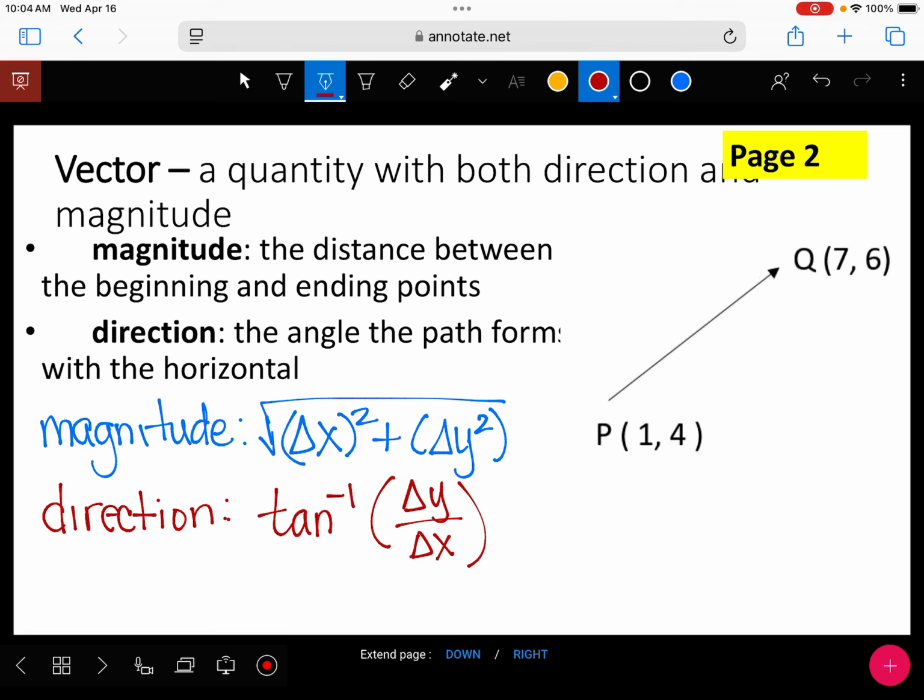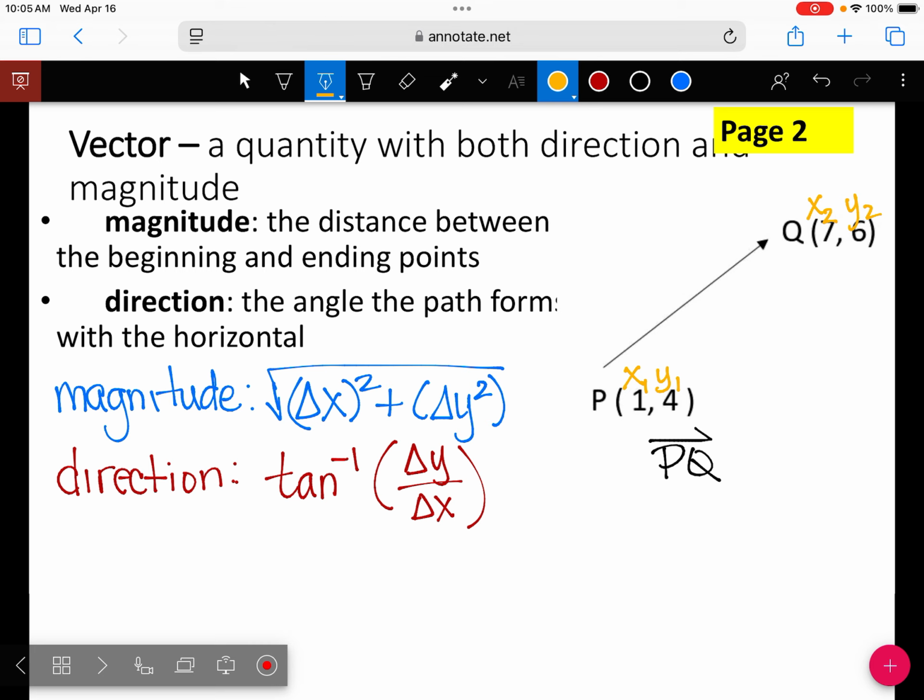So let's look at this first example here. We have vector PQ, and in order to notate that, the symbol for vector looks like half of an arrow. We're going to figure out the magnitude and the direction of this vector. So I'm starting at P, which I'm going to label X1 and Y1, and I'm ending at Q, so we'll call that X2 and Y2.